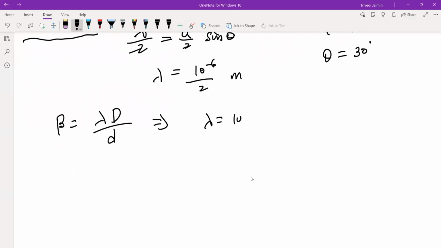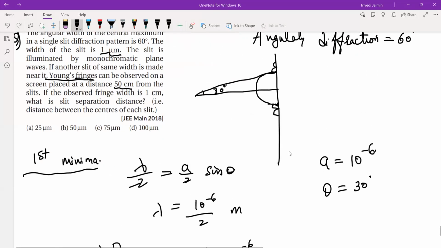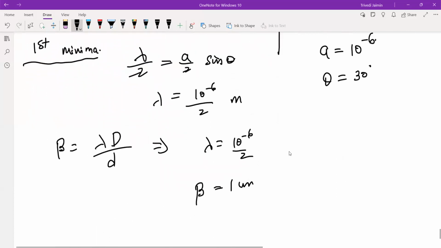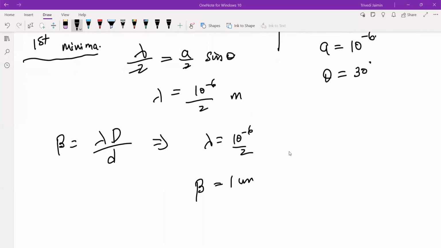Lambda we got as 10 to the power minus 6 by 2. Beta will be 1 centimeter. What else do we have here?